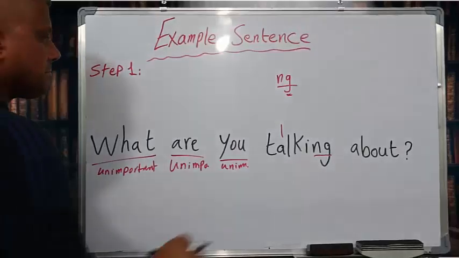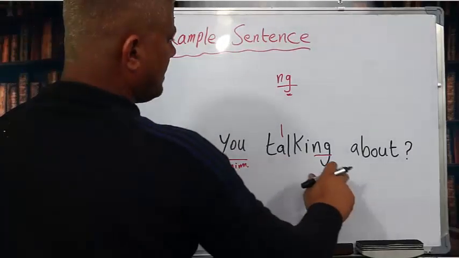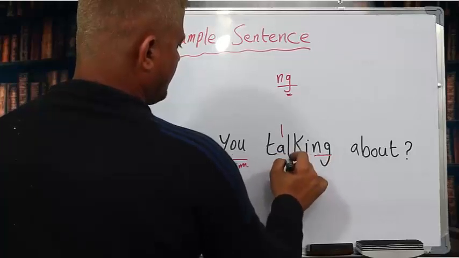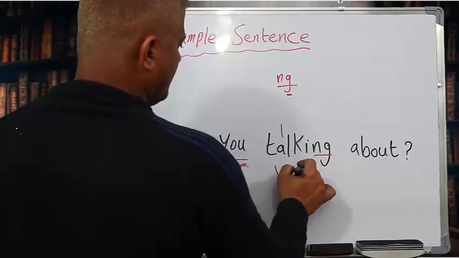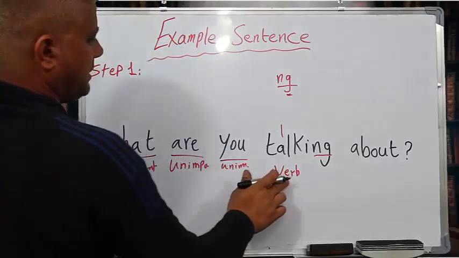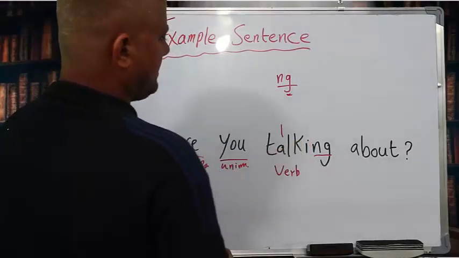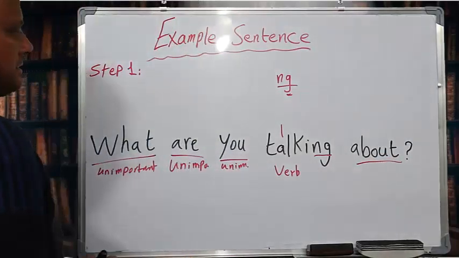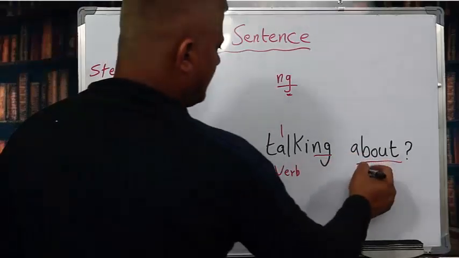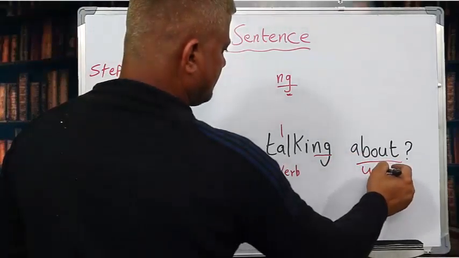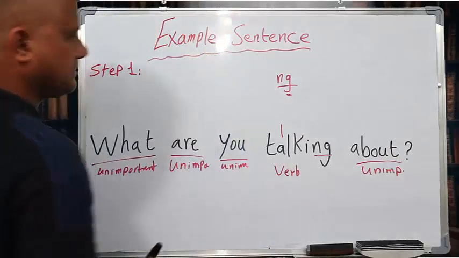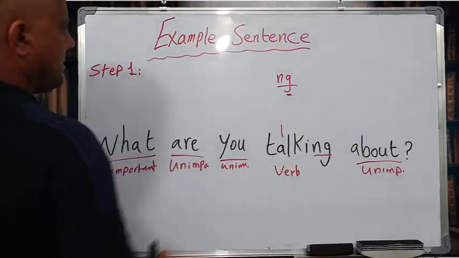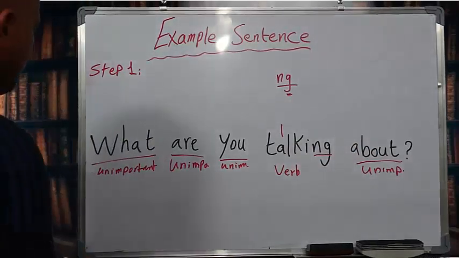Talking becomes talking, because it is a verb, it is an important word. About is an important word because it is a preposition, so it is an important word.